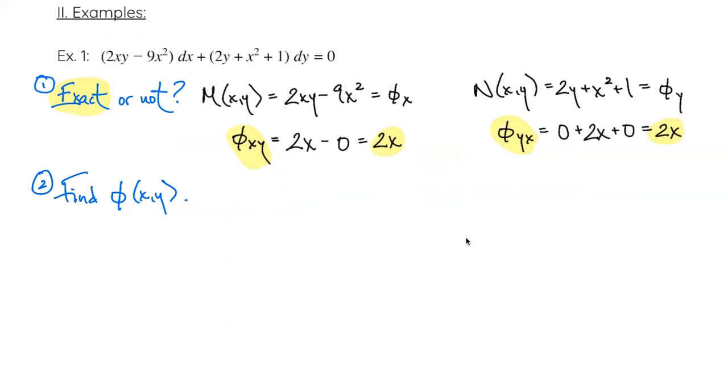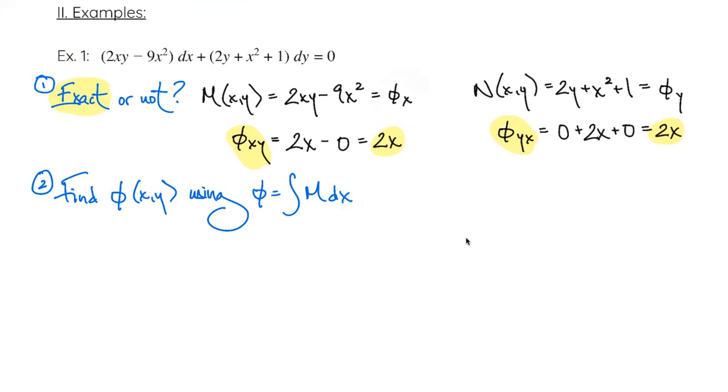We're going to find phi of x,y using phi equals the integral of M dx. In other words, if M is the partial with respect to x, then we have to integrate it with respect to x to get back to where we started.